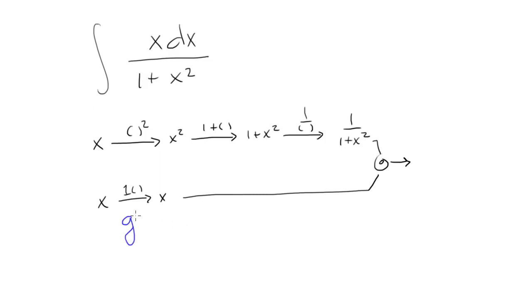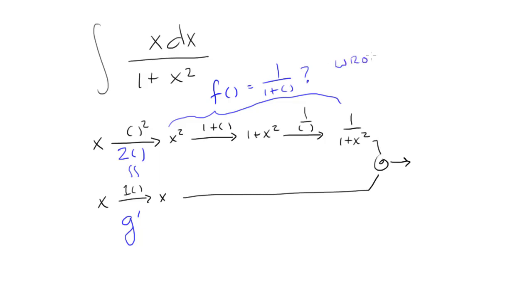Bottom link, that's got to be g prime. 2 times, 1 times, constants we can always adjust. So there's my f, 1 over 1 plus the input. I don't know that antiderivative. It's the wrong guess.